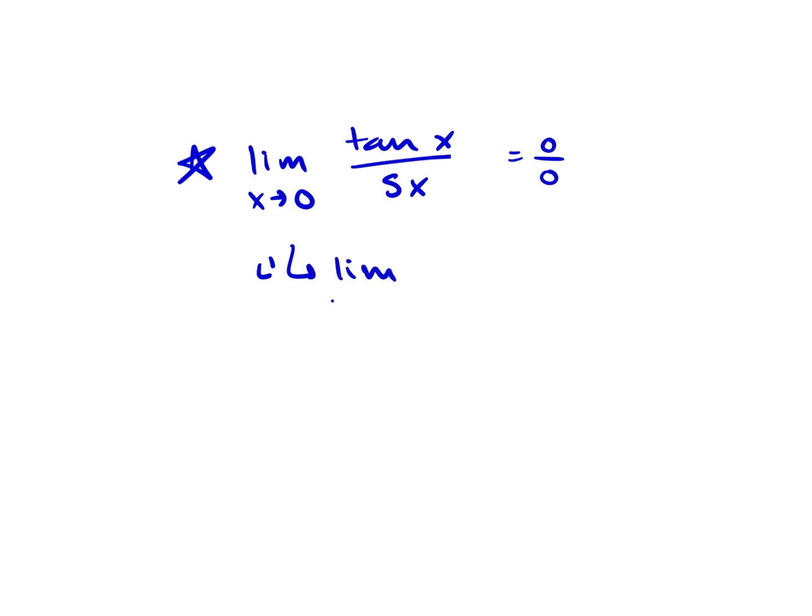So we have the limit as x approaches 0, and we're finding the derivative of the numerator and the denominator separately. I don't know how many times I said this and people still did the quotient rule on the last test. The derivative of tangent of x would be secant squared x, and the derivative of 5x would be 5.